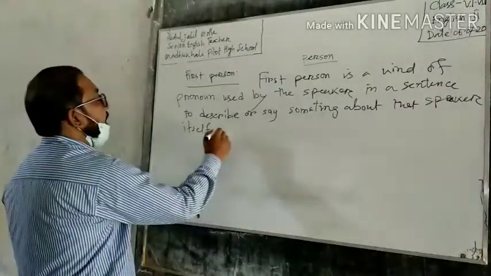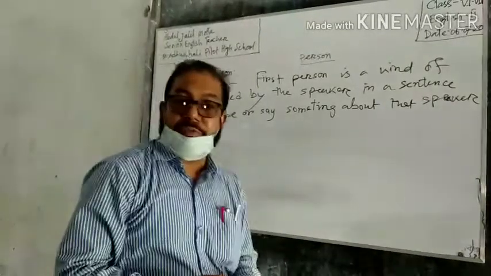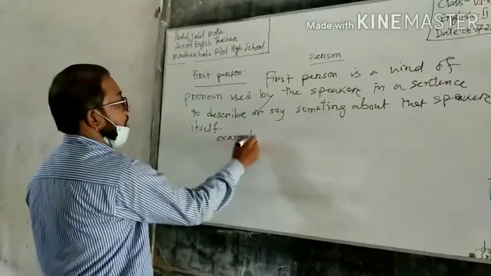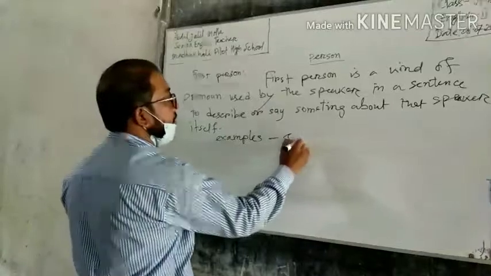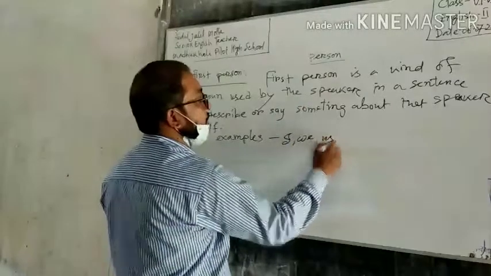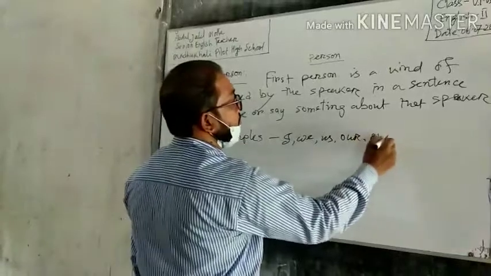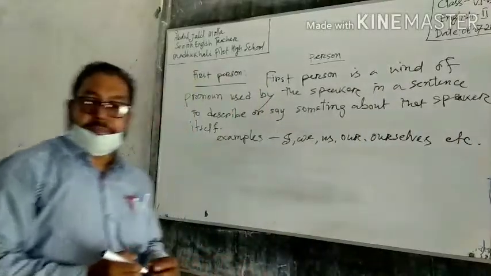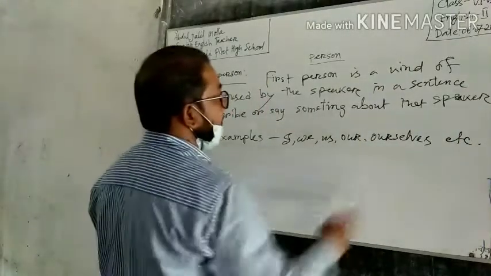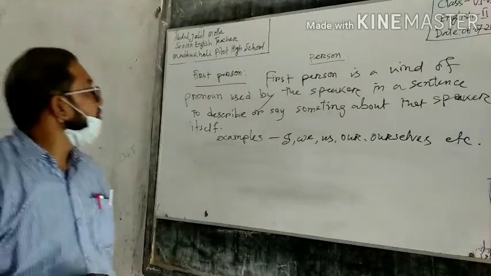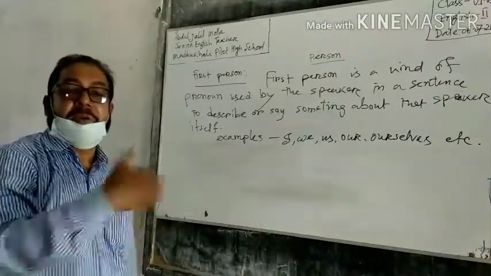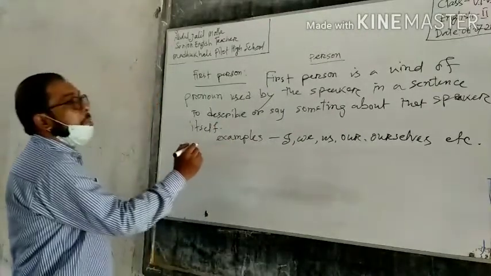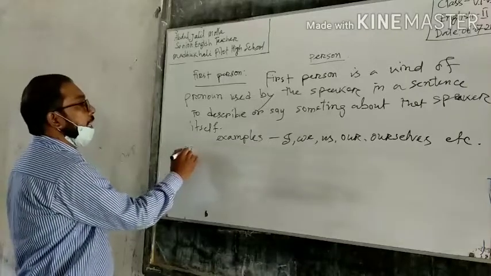Okay, now some examples of first person: I, we, us, our, ourselves, etc. These are examples of first person that are used by the speakers to say something about themselves.